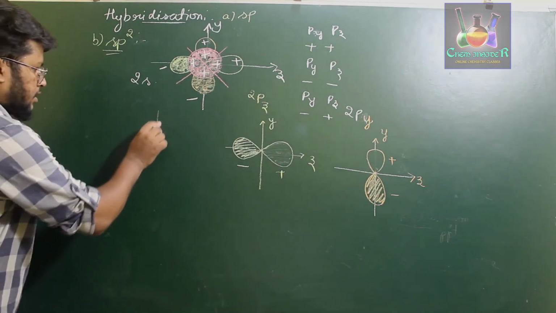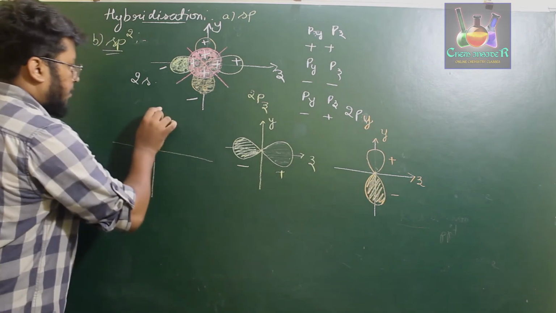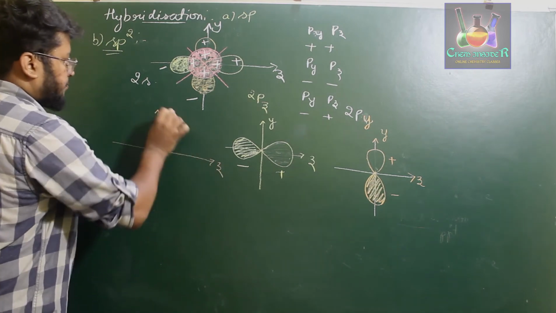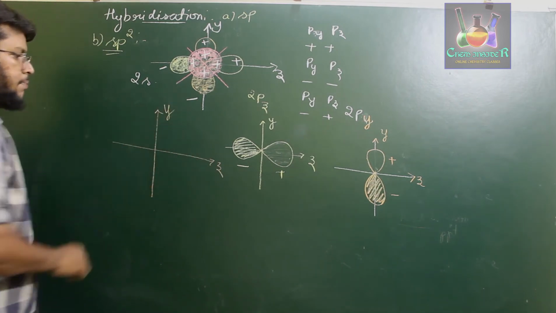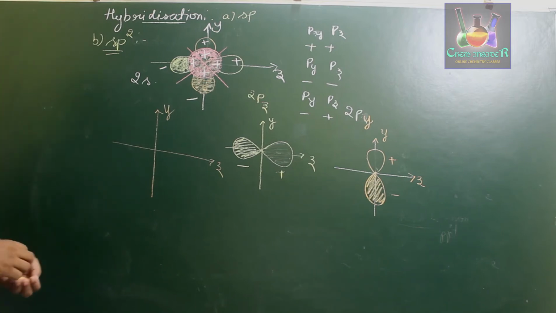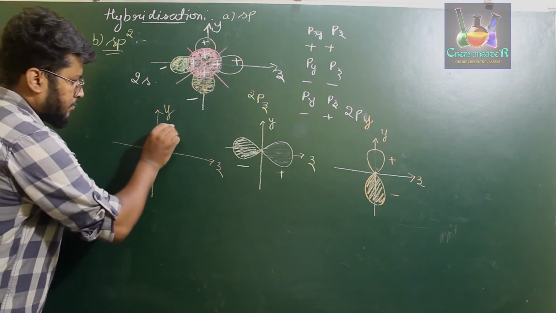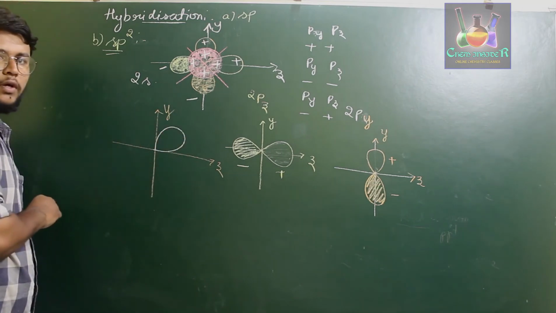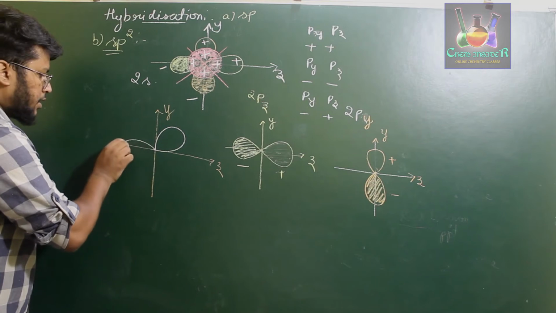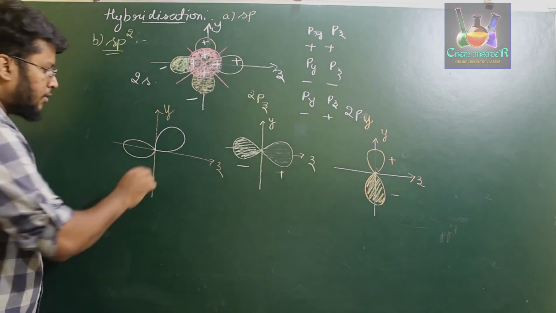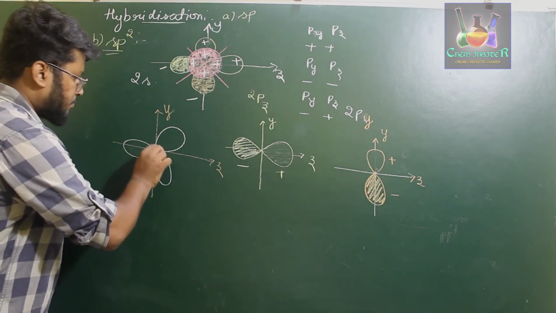So if you consider this as the plane of the py, pz and s orbitals, then one lobe will be present in this particular direction, one will be present in this direction, and one in this particular direction.